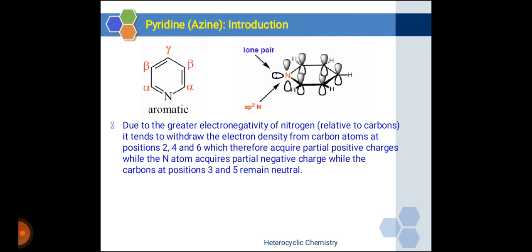Therefore, a partial positive charge occurs there, while the nitrogen atom has a partial negative charge, while the carbon atoms at positions 3 and 5 remain neutral. This type of change occurs due to the resonating structures of the benzene.